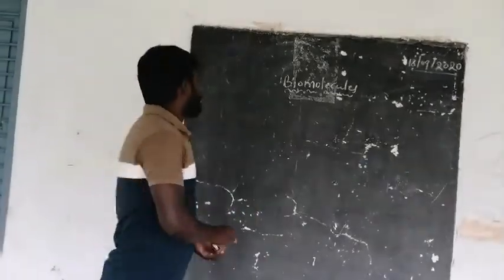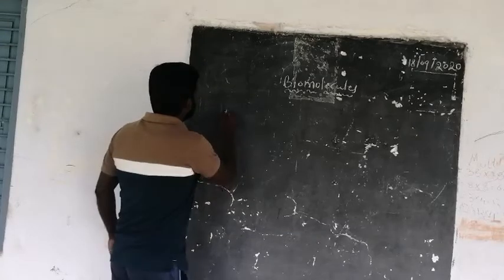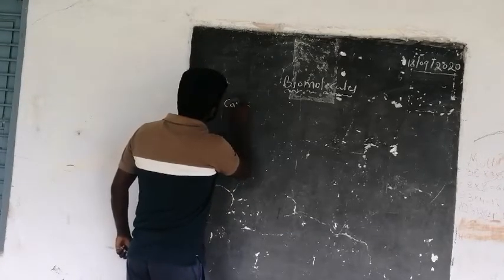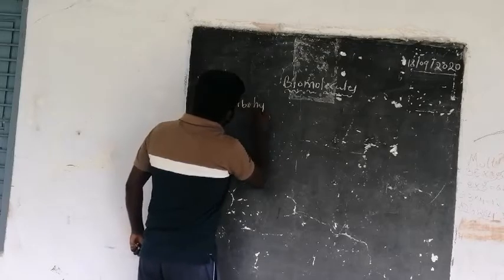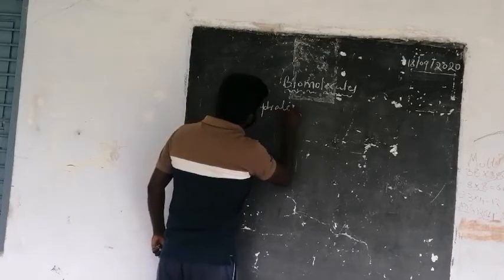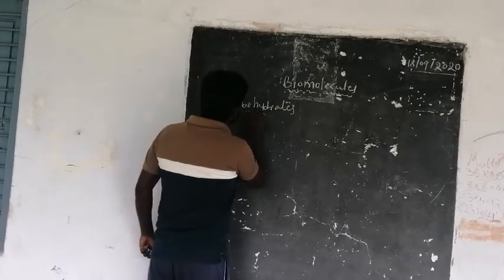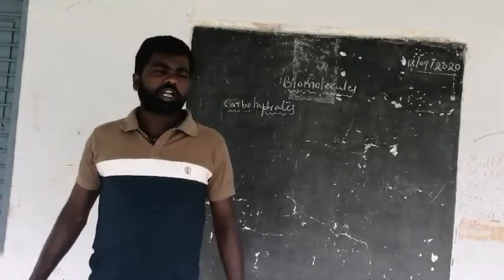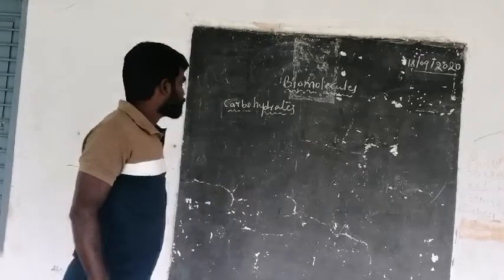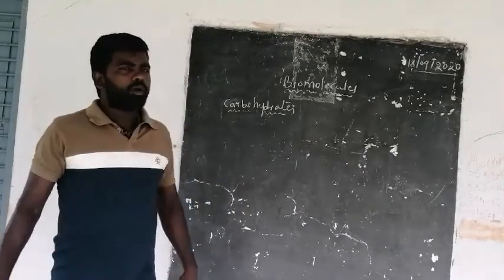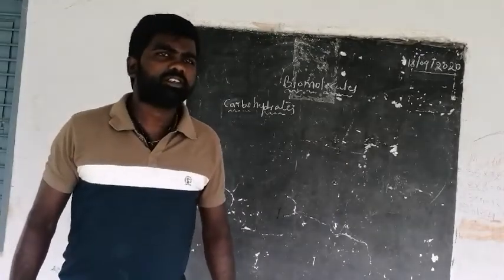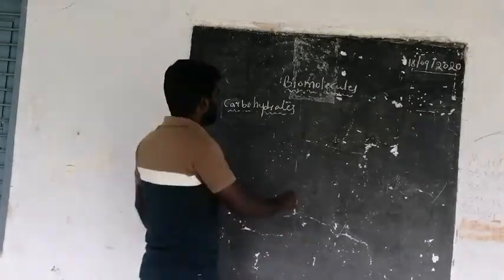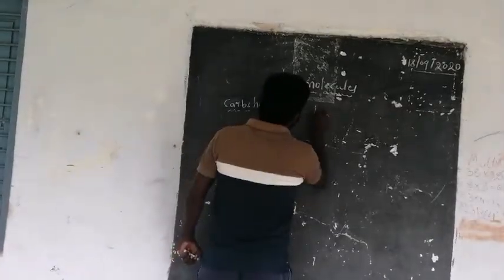First, let us discuss carbohydrates. Carbohydrates are the polyhydroxy derivatives of aldehydes or ketones.